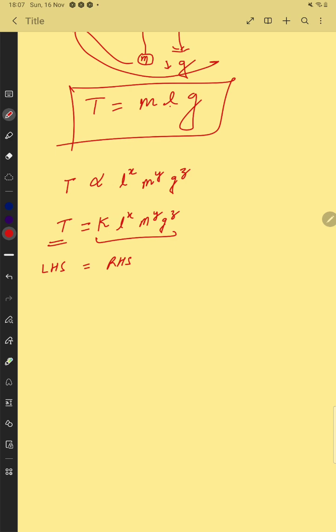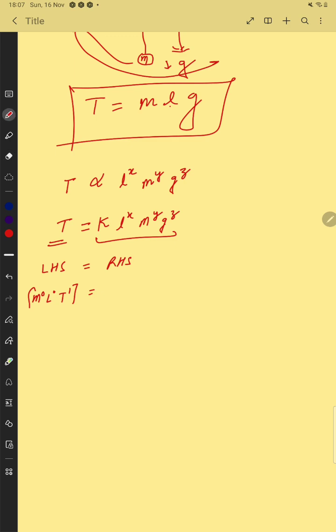In the time period, only time is there, there is no mass or length. So we can write M^0 L^0 T^1. Now what about k? Let k stay as it is, students, no need to calculate k.